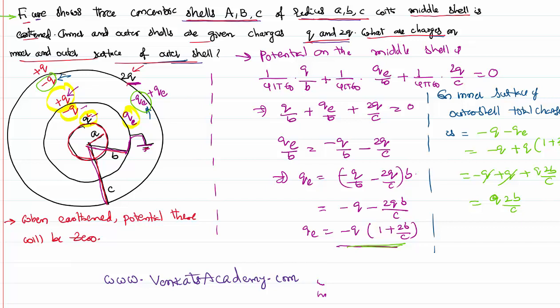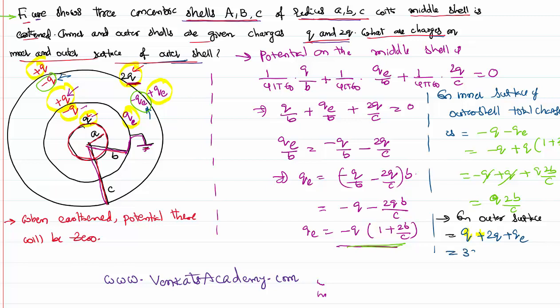We also want to find out what is the charge on the outer surface of the outer shell. We know on the outer surface, there is plus Q, there is plus QE, there is plus 2Q. So the total charge there is Q plus 2Q plus QE.